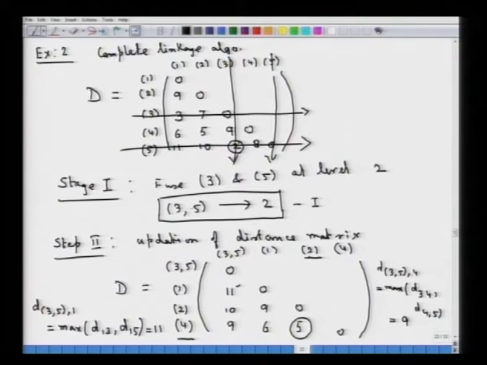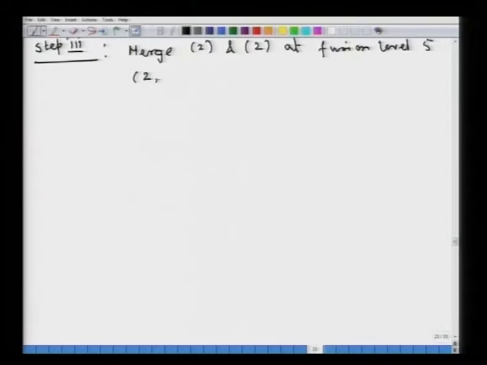Previously it was 3 5, now it is 2 4. So, this 2 4 forms a new cluster at a fusion level of 5. That is information we need to retain and carry forward, because it is the second bit of information we will require in order to form the dendrogram tree.